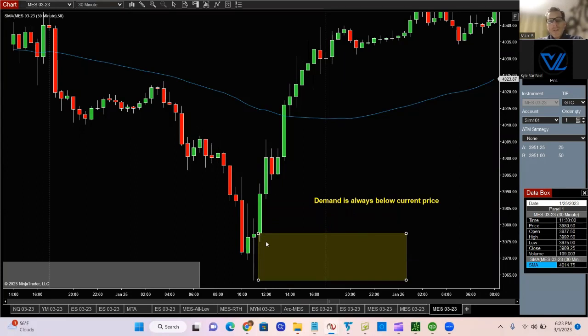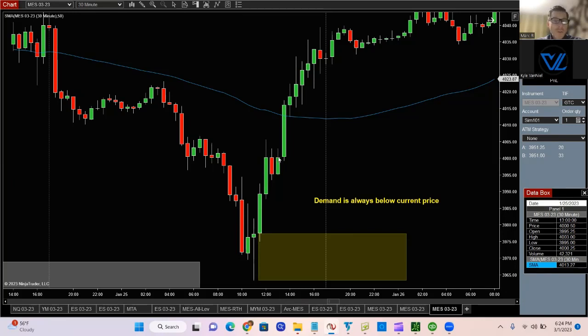So this is a leg out, basing candle or leg out? We're going to say leg out, especially being followed by this one. Basing candle or leg out?